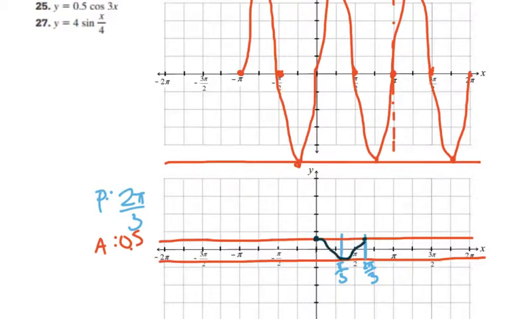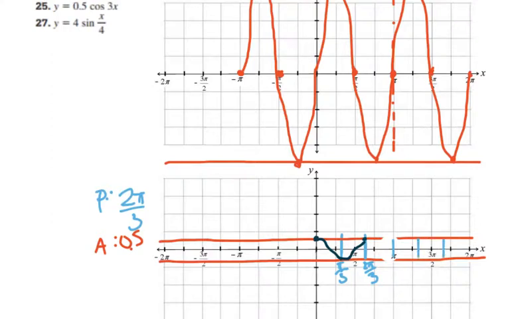Then another 2/3 pi, so 2/3 plus 2/3 is 4/3. So it's going to be here. And then another third between here, since the thirds aren't shown.